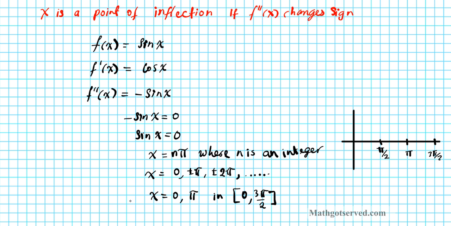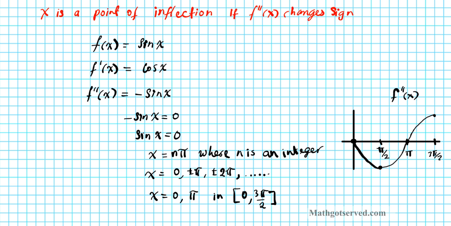So we're graphing negative sine, starting from the center, going to the minimum, back to the center, and then to the maximum. So this is a sketch of f double prime of x. Now when is it equal to 0? You can clearly see that the second derivative is equal to 0 at 0 and pi.